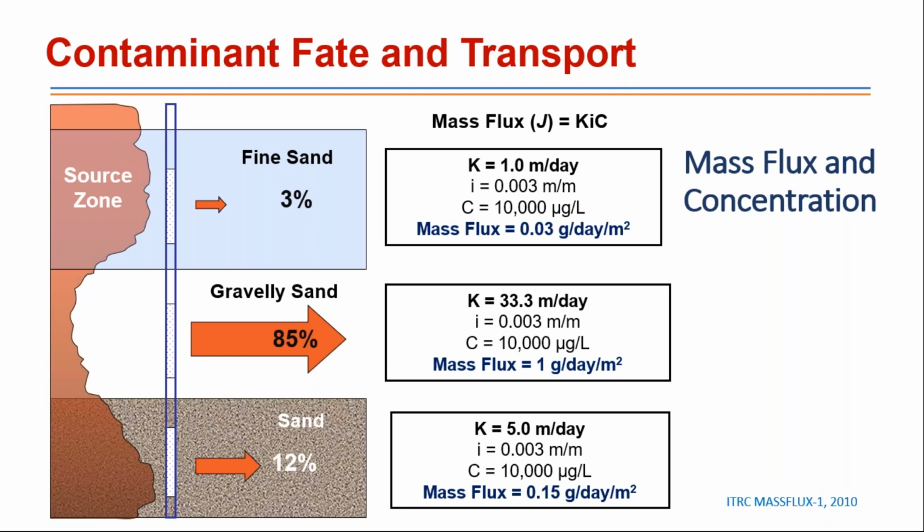So the actual mass flux: you get 1 gram per day per meter squared in the gravelly sand, 0.03 grams per day per meter squared in the fine sand, and 0.15 grams per day per meter squared in the sand. So the mass flux is, again, highly dependent upon the geology. So going back to pushing again, I say this all the time, understand your geology.